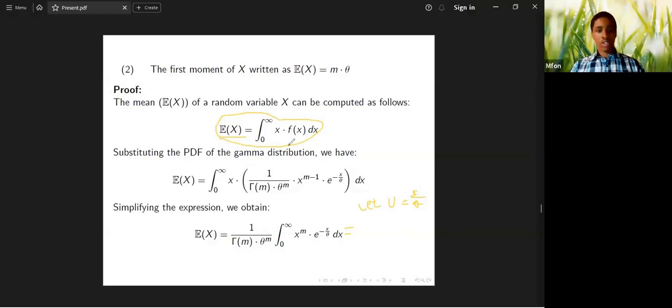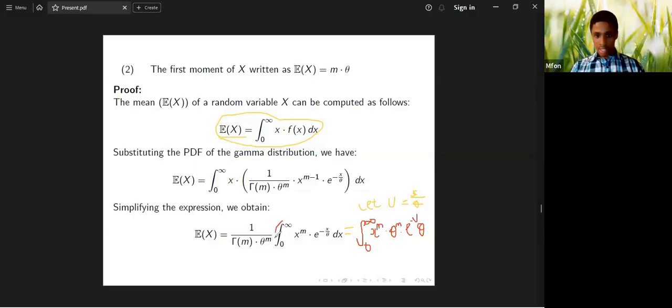We know that the function will become the integral of x to the m over theta to the m times e to the negative u.